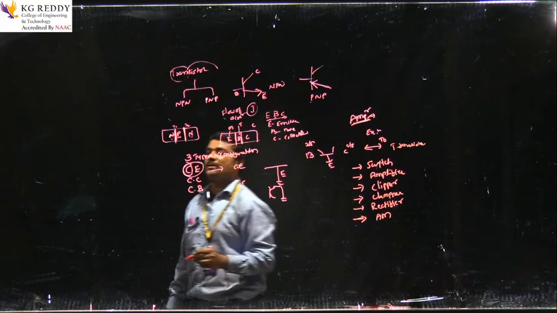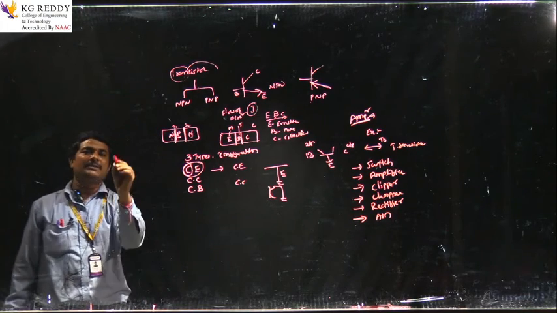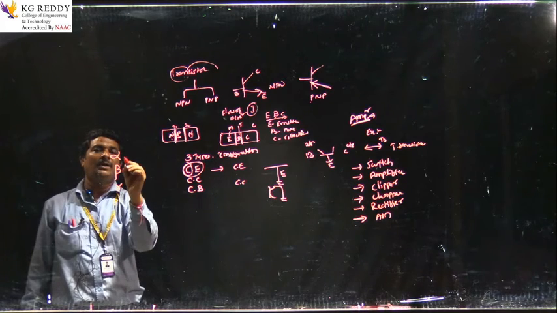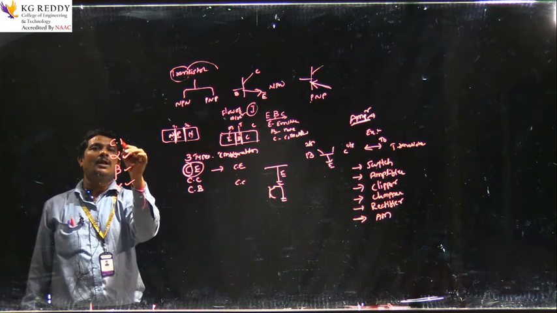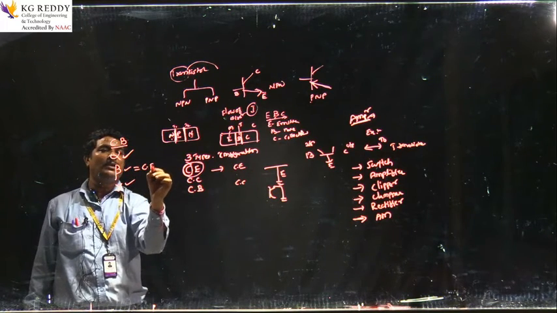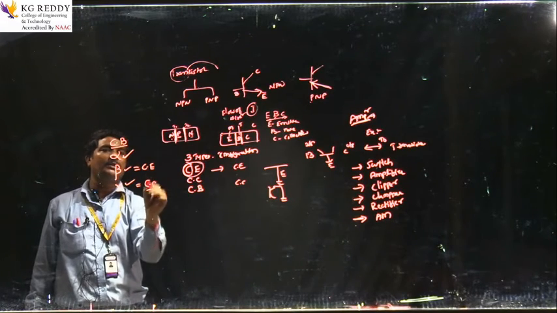In a transistor, the current gain amplification factors we can represent as alpha, beta, gamma. Alpha is the common base current gain, beta is the common emitter current gain, gamma is the common collector gain.